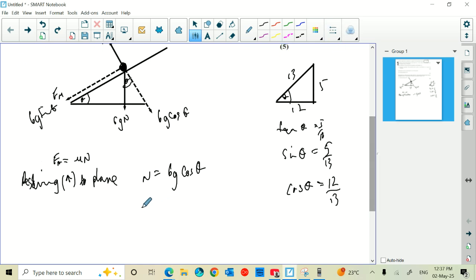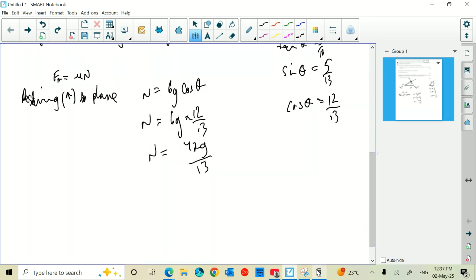So that gives me my ratios, and we're going to see how that helps us. N is equal to 6g times cos theta, and cos theta is 12/13. I substitute that in and find the value of N, which is 6 times 12, which is 72g/13. That gives you 72 times 9.8 divided by 13, but I'll just leave it like that.